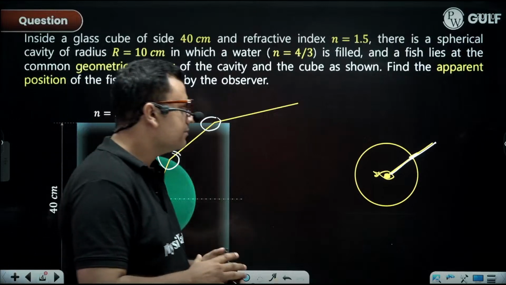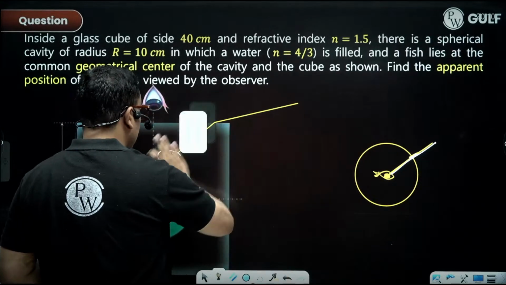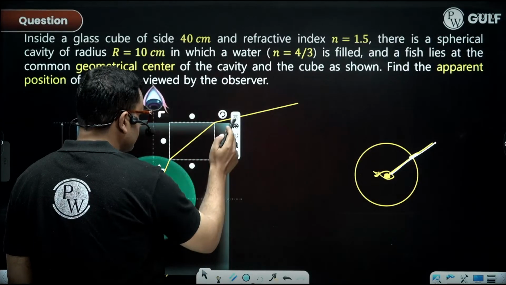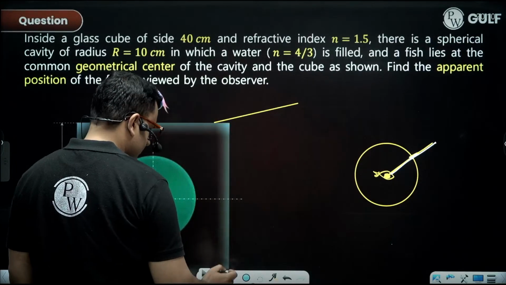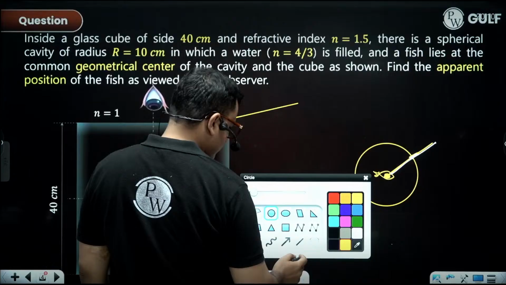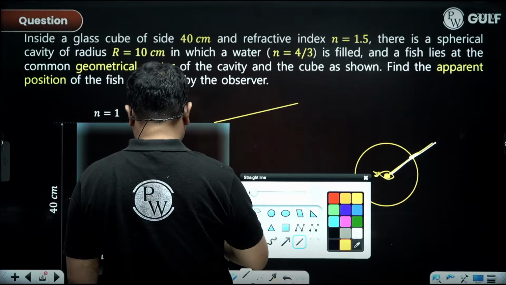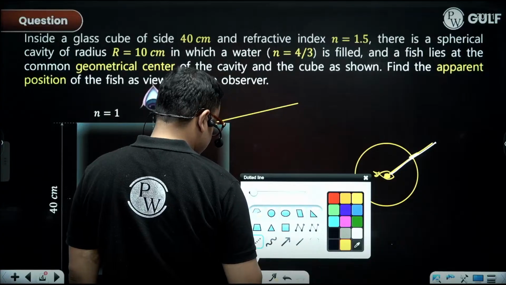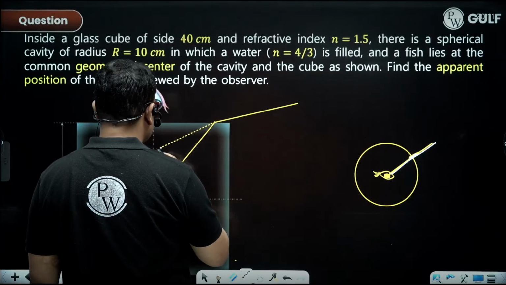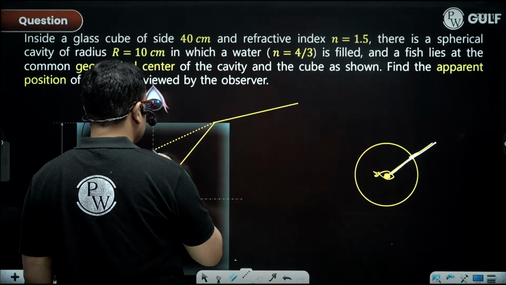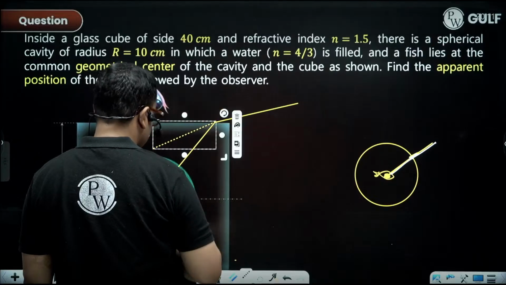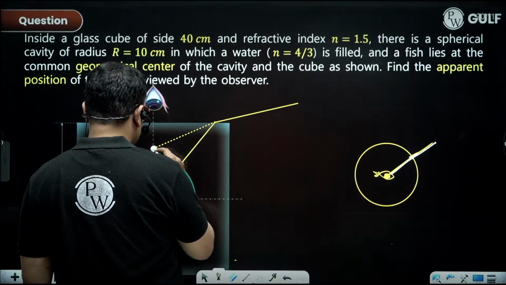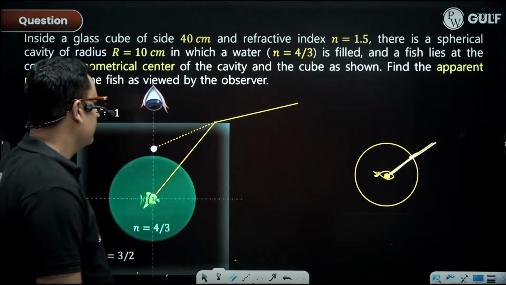Okay. So in actual manner, the ray will go like this. Is it clear or not?